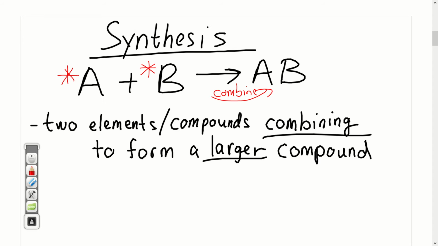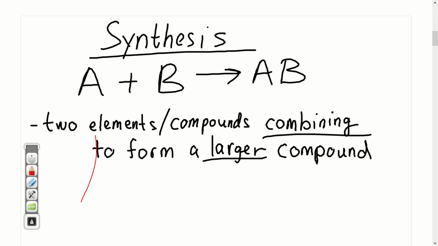The most classic way this is shown is with 2 elements, but technically it could be a compound, and then this becomes some sort of group of the compound and element all joining together. But synthesis is where you put those elements together and create a larger product in the end.